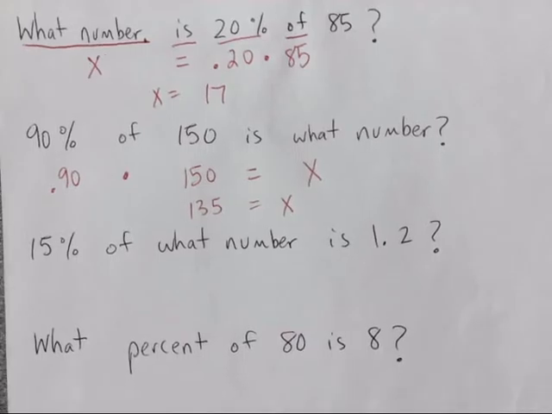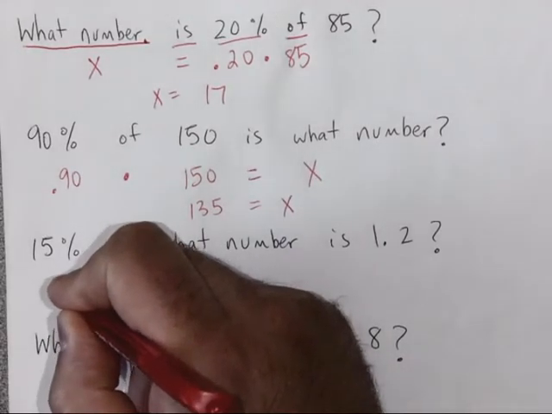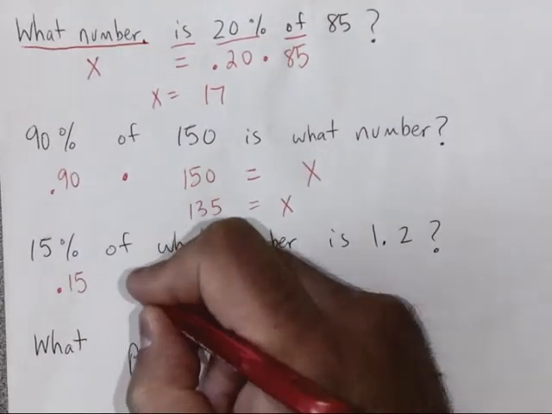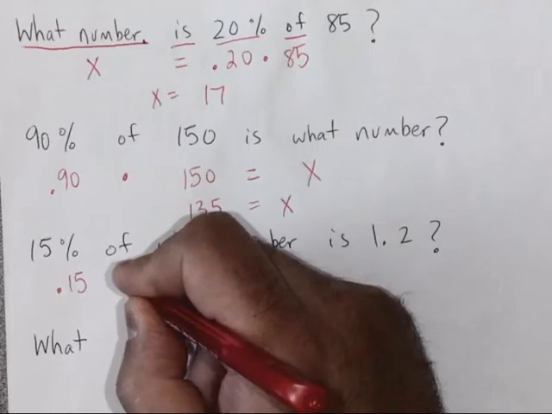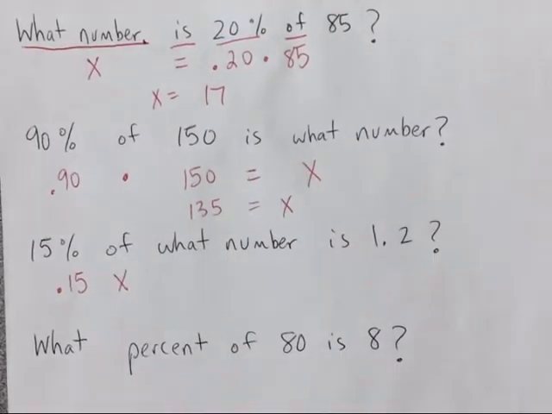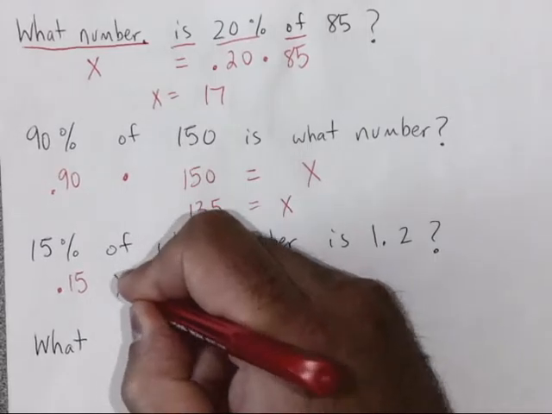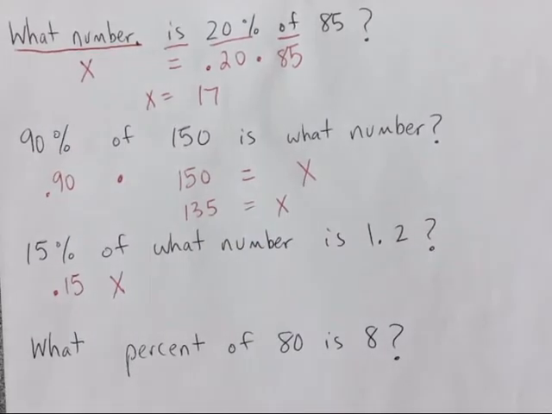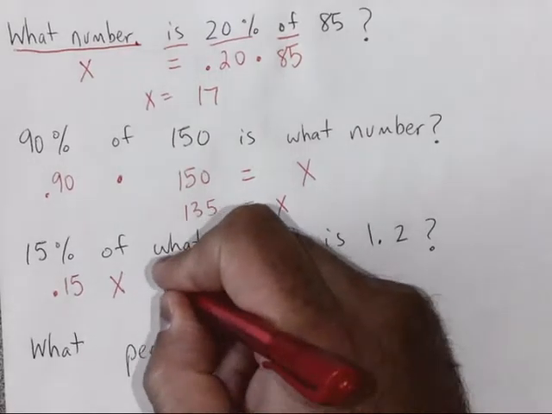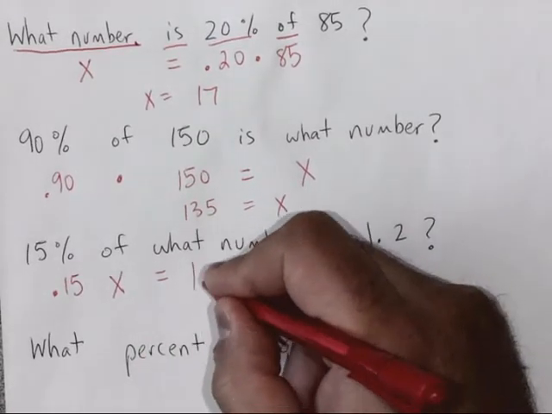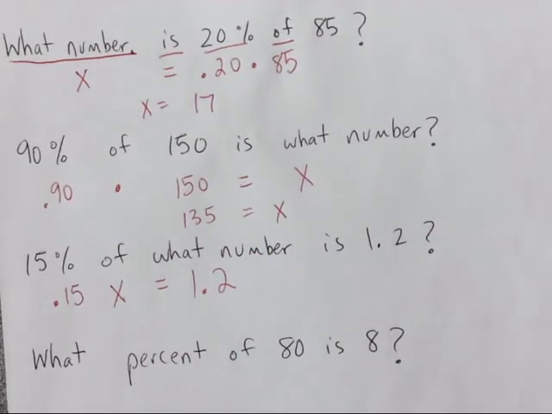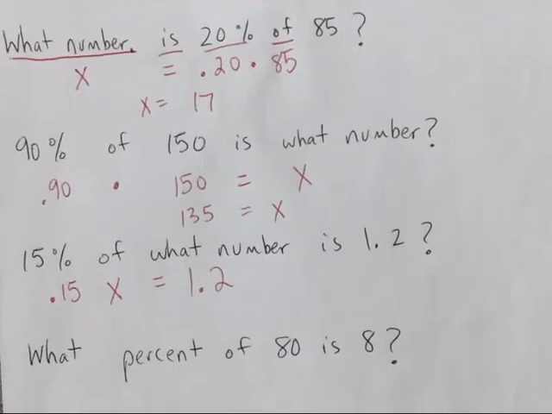Here's another type, 15% of what number? So 0.15 times x, which is the same as 0.15x. If I just put those two numbers together, that implies multiplication, is equal to 1.2. Alright, so now we've got a one-step equation to solve here.